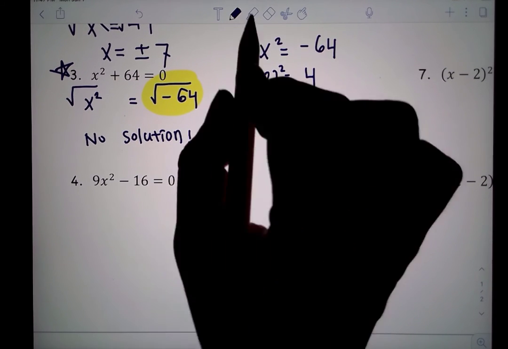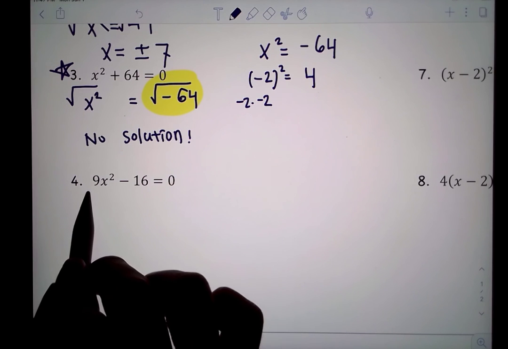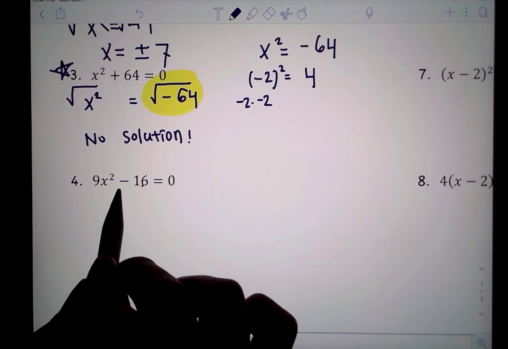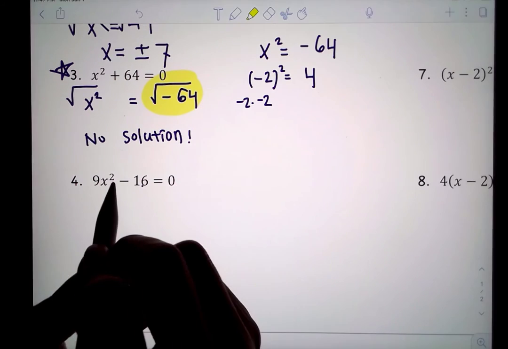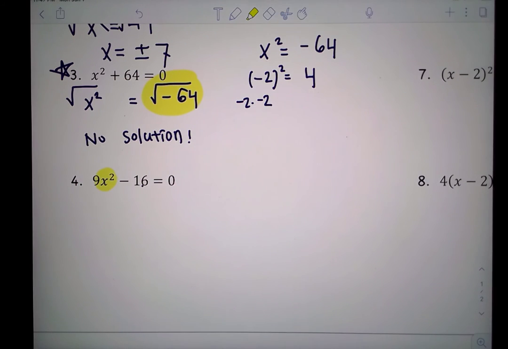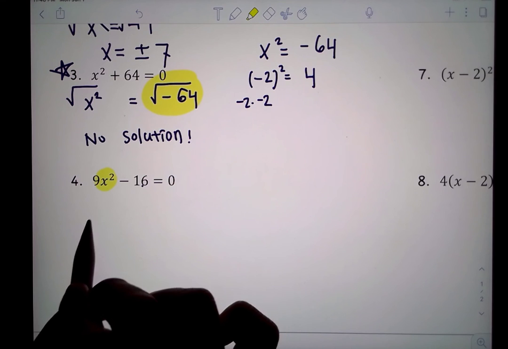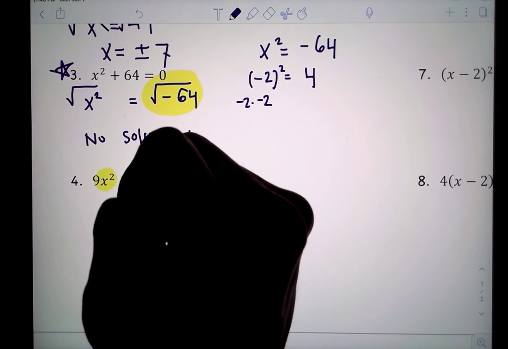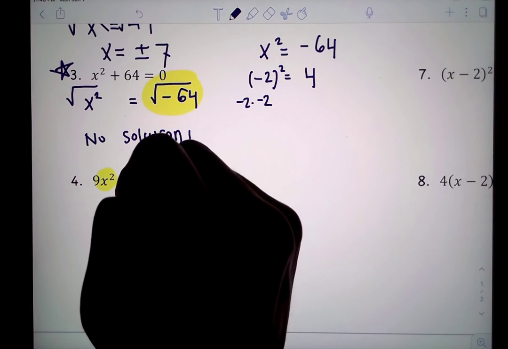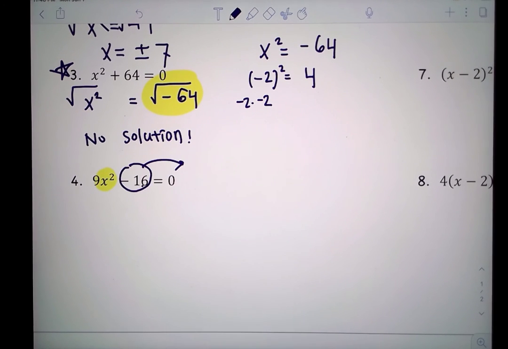And look at number 4. It's the same thing. There's no b, right? You have a, you have c, but there's no b because there's no x. In that case, what? We isolate the square term. So I'm going to have only x squared on the left side, and I will move everything to the right side. Alright? So plus this 16, right?